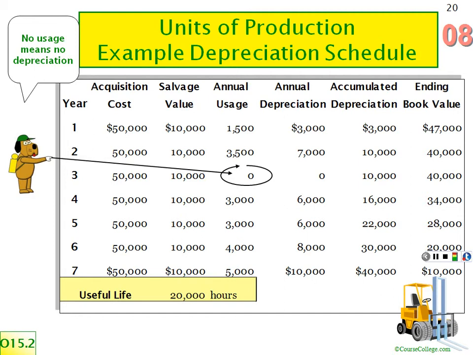Okay, so we can see that at the end of those 20,000 hours, we still should get down to a book value equal to salvage value. Okay, so exercise or Quick Study 4, we don't have time to look at it, but Quick Study 4 is an example of units of production. Let's then move on to the third one.